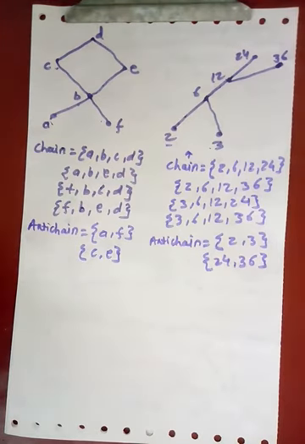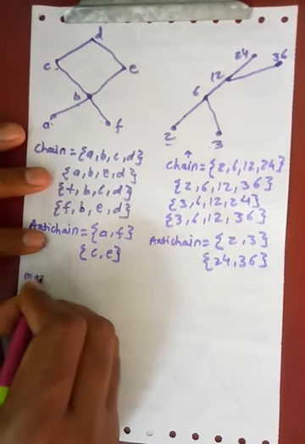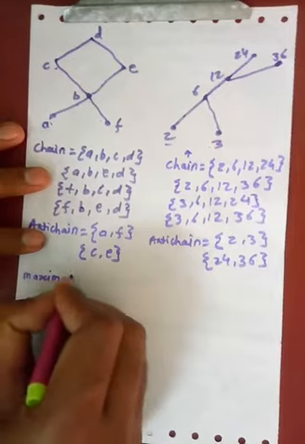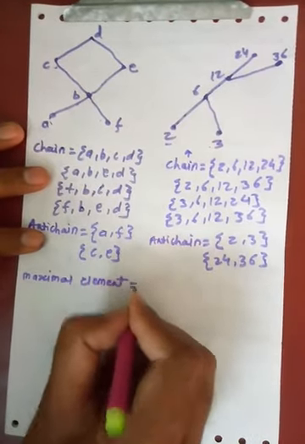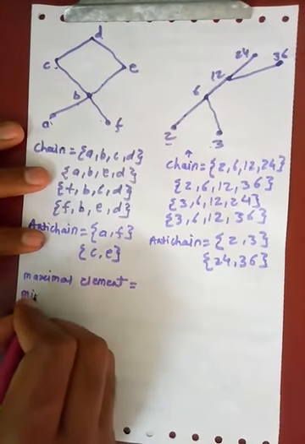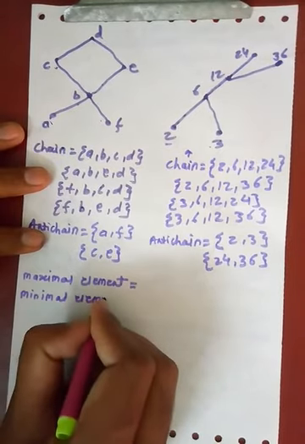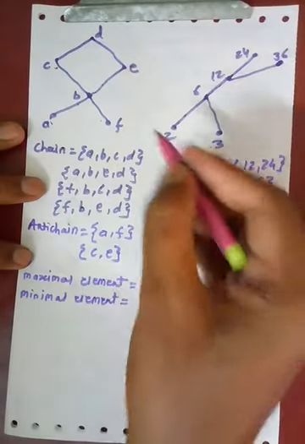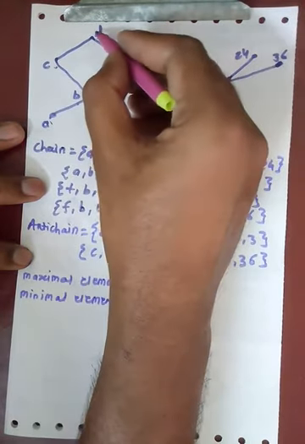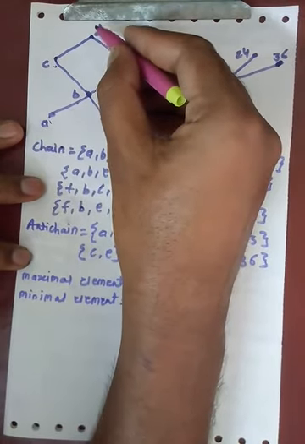Again there is a question: find the maximal element and minimal element, right? So the maximal element is the element which is at the highest level.